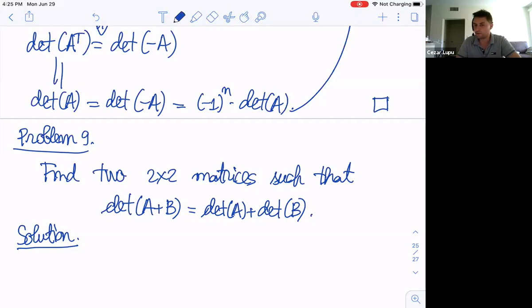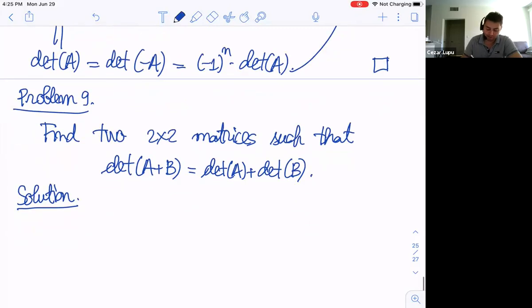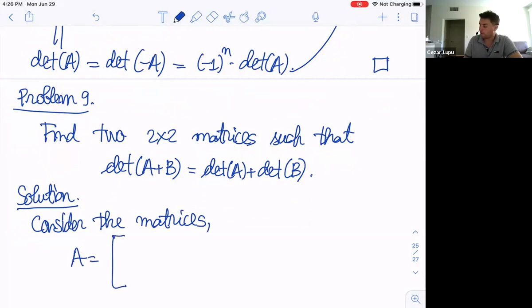Well, let's think of some matrices. Just like I told you, this property doesn't hold true in general. So let's cook up some matrices. Let's say A to be equal to -1, 0, 0, 1, and B to be the identity.